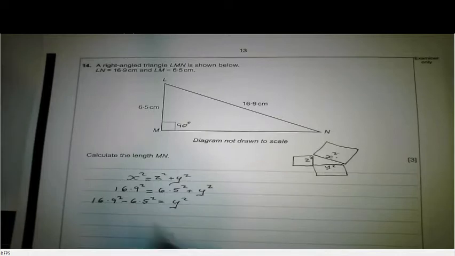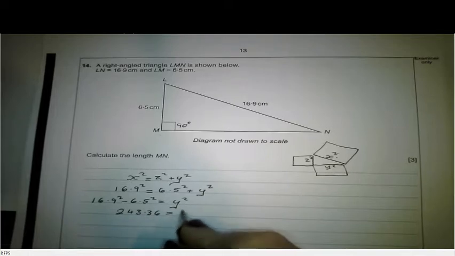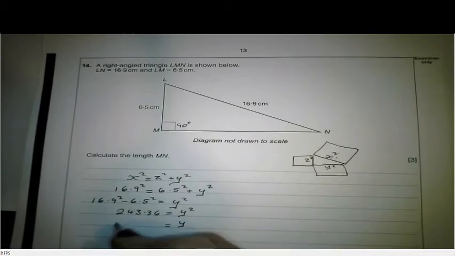So if we plug this into our calculator, 16.9 squared minus 6.5 squared is 243.36, and that's equal to y squared. Now we want the value of y, so we simply take the square root of each side, and square root of y squared is y is equal to the square root of 243.36.